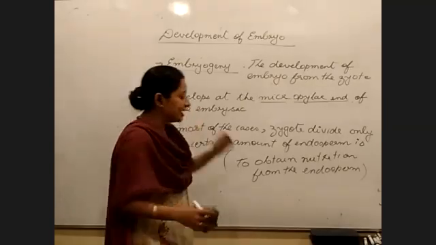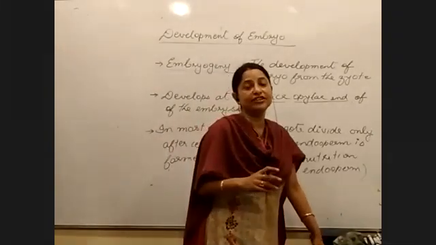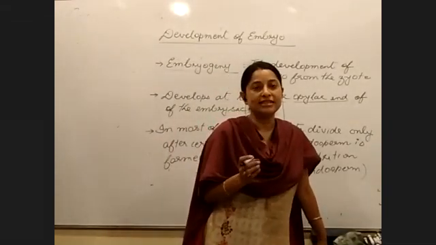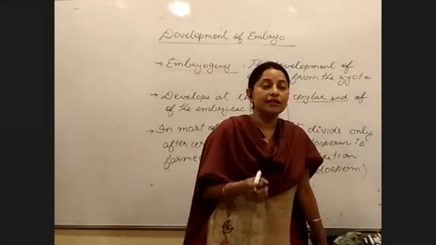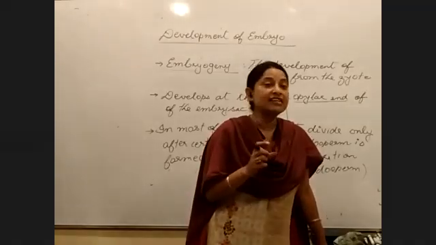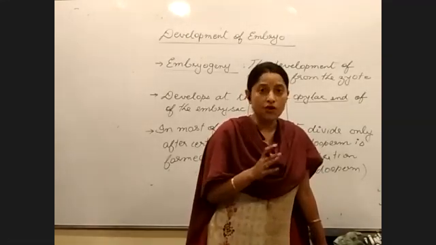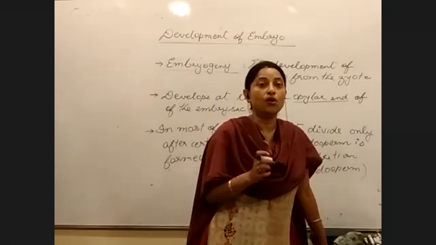Now, the next point is, whenever we talk about embryogeny, we have to talk about two types. That is embryogeny in case of dicots and also in case of monocots. The point to remember: initial stages of embryo development of a dicot and the monocot are almost the same.